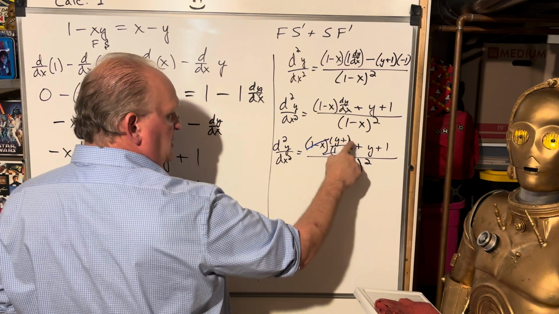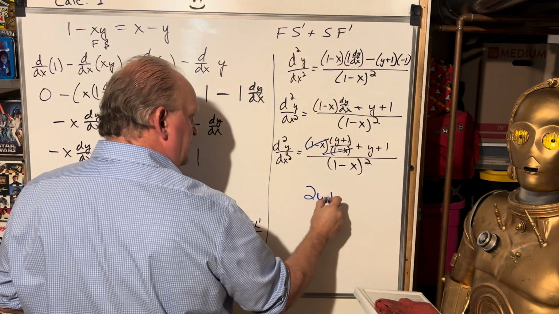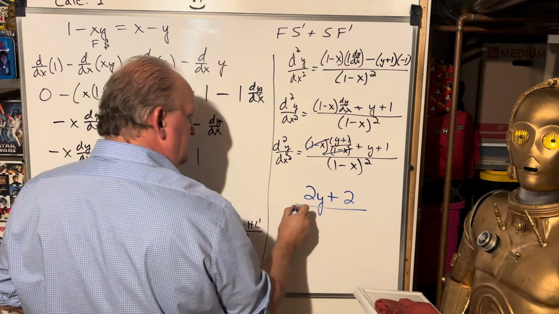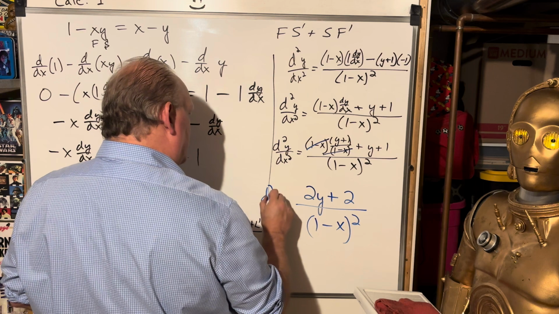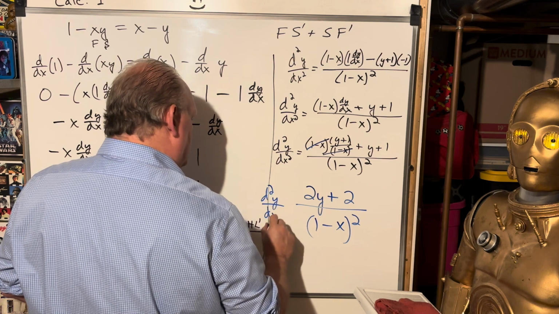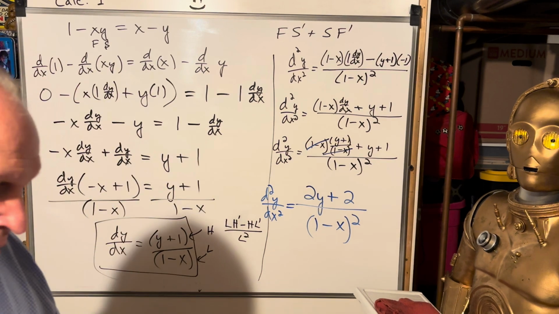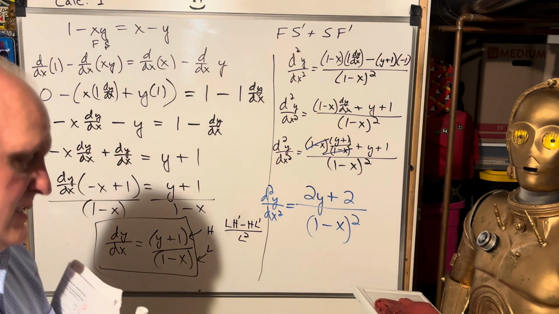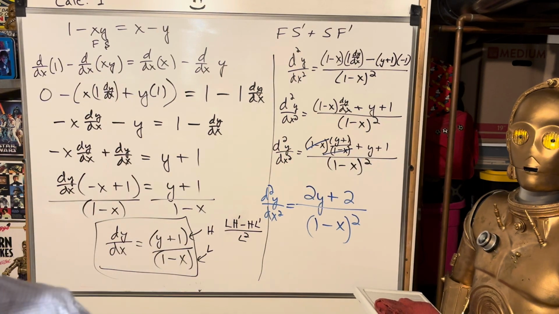And then we have y plus 1 plus y plus 1. So 2y plus 2 over 1 minus x squared is our second derivative. Whew. So it's just not fun unless you get to do both the product rule and the quotient rule on the same problem. What a lucky break. All right.